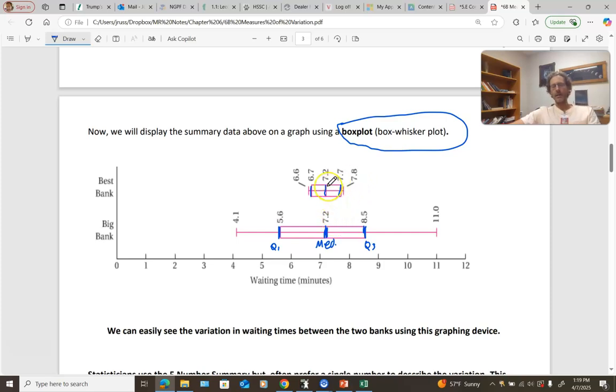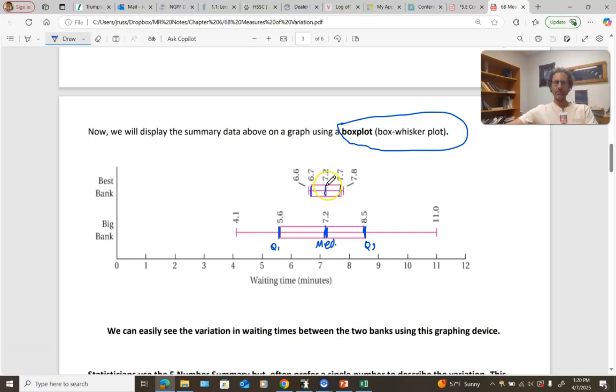So just simply by glancing at these two box and whisker plots, you can clearly see that Big Bank had much higher variation in those wait times. Also, by looking at these box and whisker plots, you can tell what the distribution might look like, how it would look if you were to actually see a histogram.